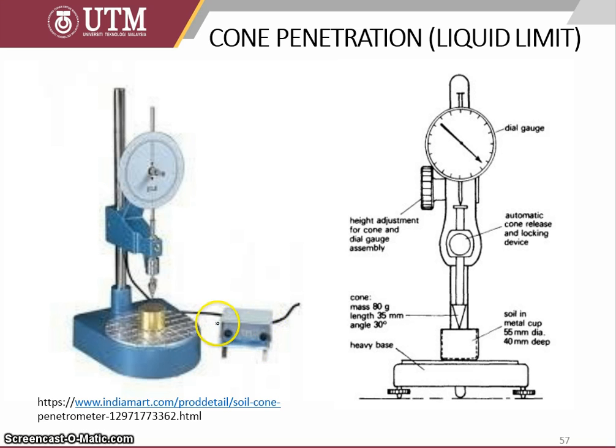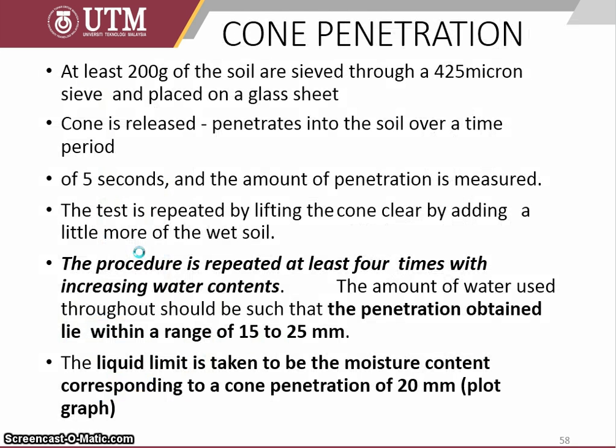This is the tool to assist in checking how many seconds have passed, and so we can read the reading from the dial gauge, how much the penetration is in millimeters. Usually the test is repeated 4 to 5 times, following the results that we have.